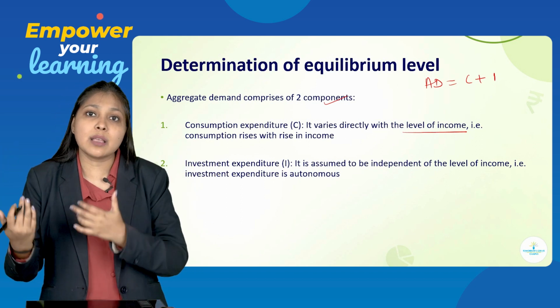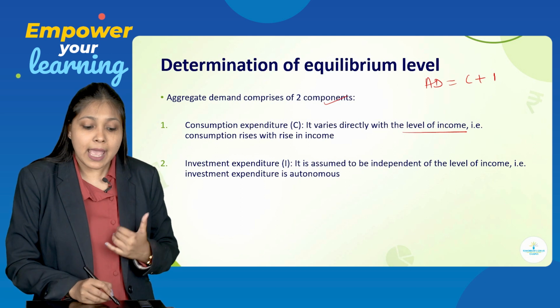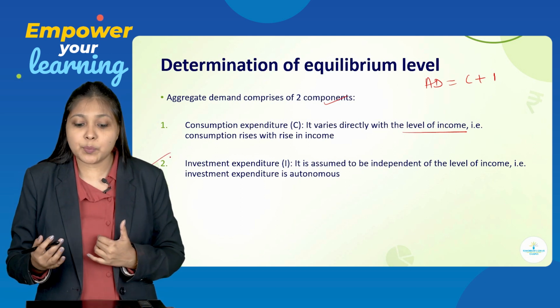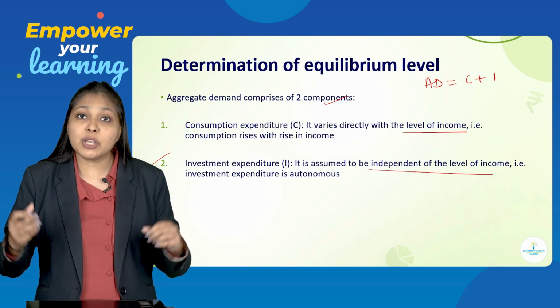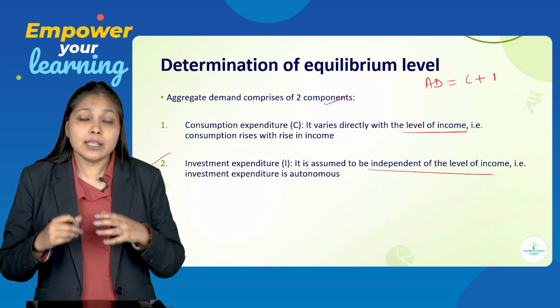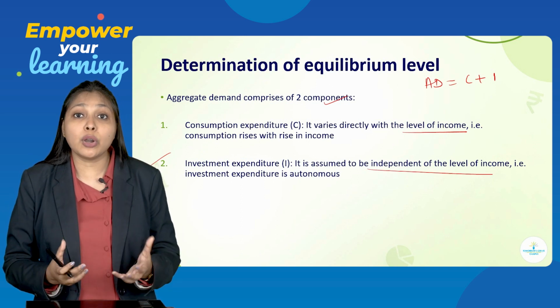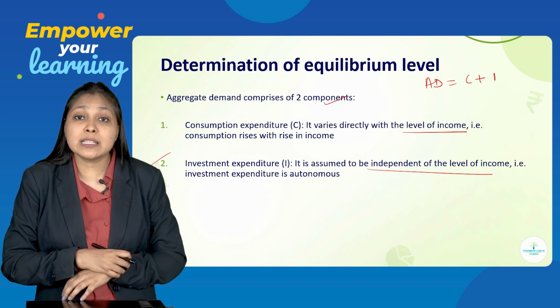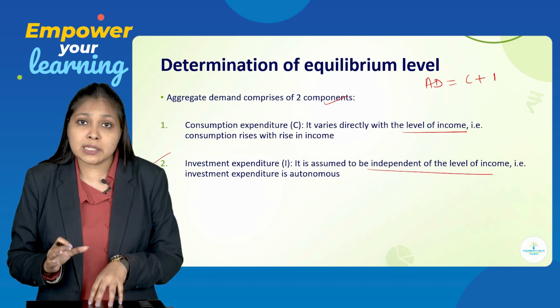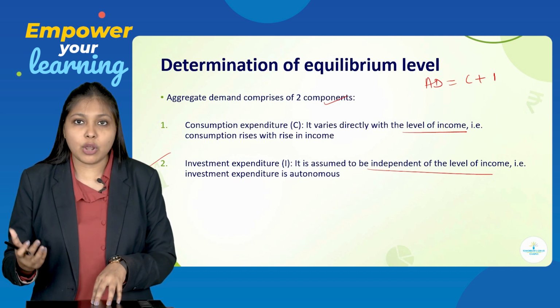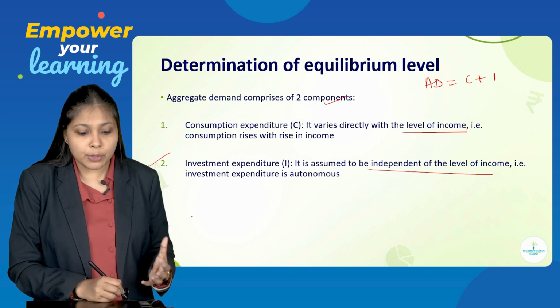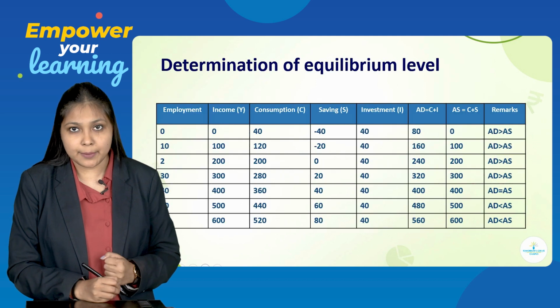Income decreases, consumption also decreases. And secondly, investment expenditure is assumed to be independent of the level of income because here we have assumed that we are going to talk about autonomous investment. Autonomous investment is the constant investment which does not vary with the change in the level of income. So 2 components of AD, C and I.